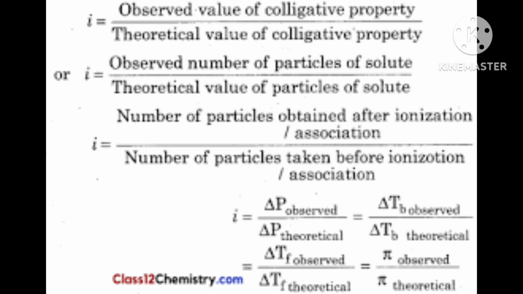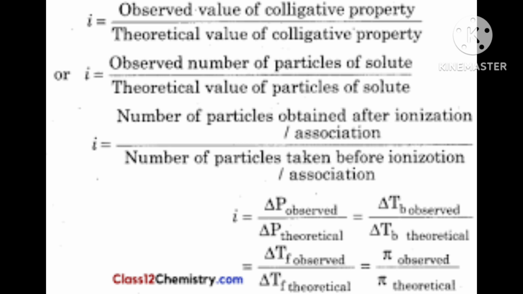That's why after adding things like glucose, NaCl, KCl, whatever, less solvent molecules will reach the vapor phase. Then its vapor pressure decreases. Already you know all these things. So in case of abnormal molar mass, you are dissolving one, but in solution it is becoming 2 or 3, and then it will affect the vapor pressure of the solvent.